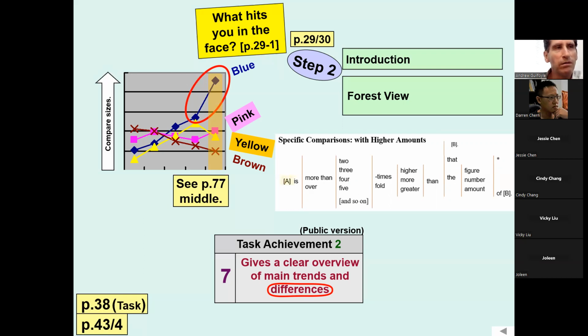Maybe just say blue is... Blue is more than... I'm happy with that. More than... Twofold.